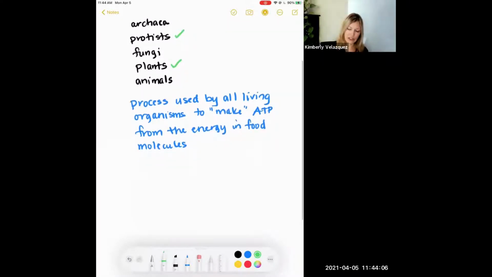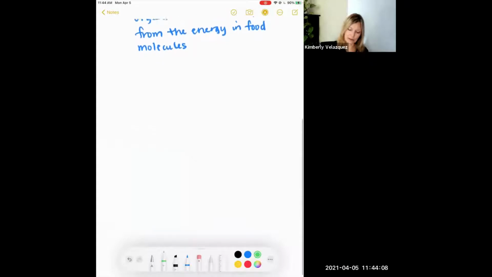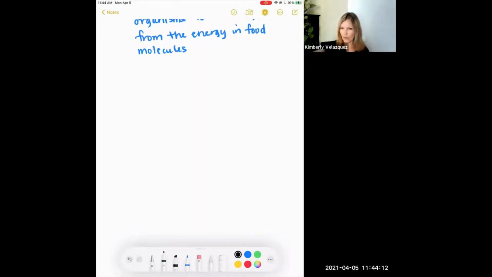Let's look at the connection between those chemical processes. So the incoming ingredients for photosynthesis are water and carbon dioxide.